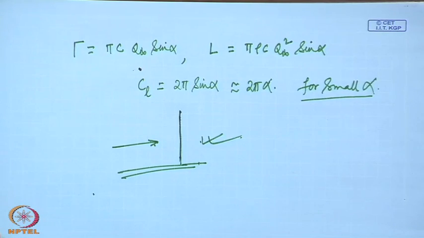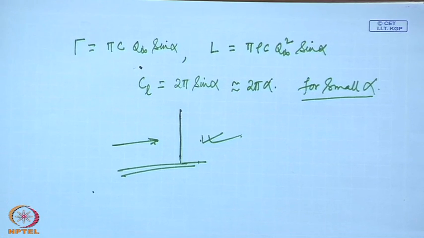The next case that I would like to consider is, again, the center of the circle is placed at the origin itself, but the radius of the circle is larger than b, or that parameter b is smaller than the radius of the circle.